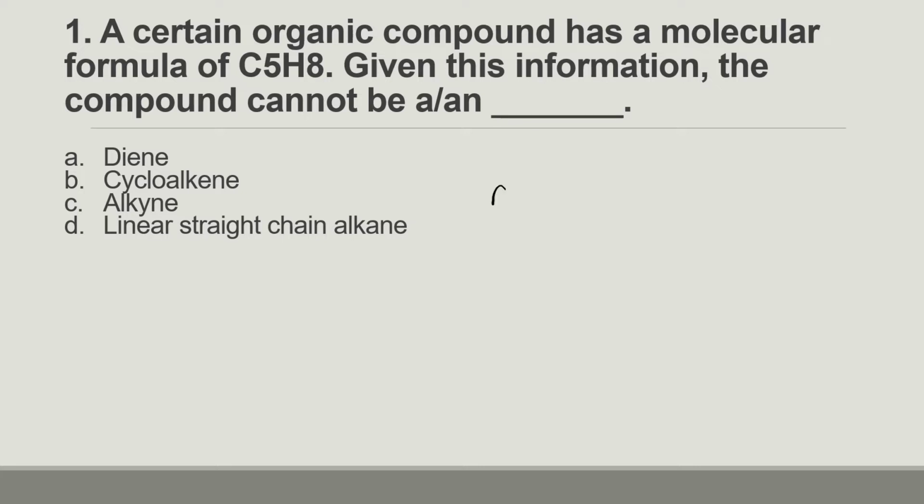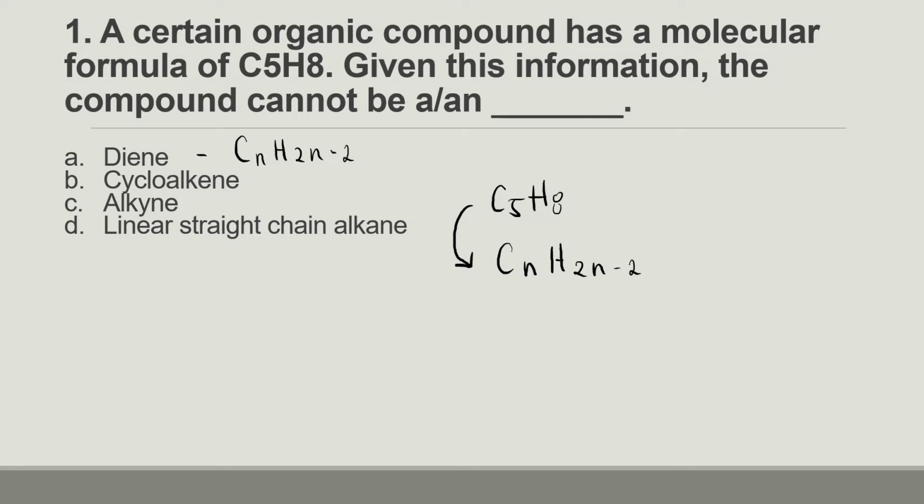So, we are given C5H8. So, obviously, this is CnH2n minus 2. So, ito yung general form niyan. So, when we look into the general formula of a diene, it's actually the same, CnH2n minus 2.